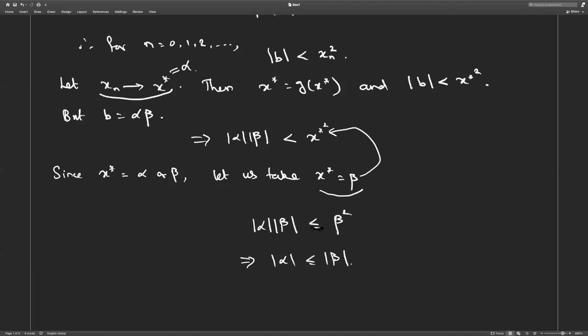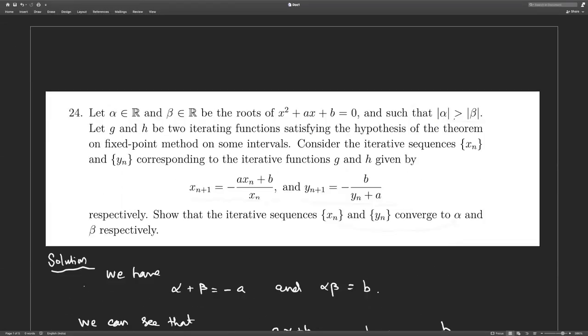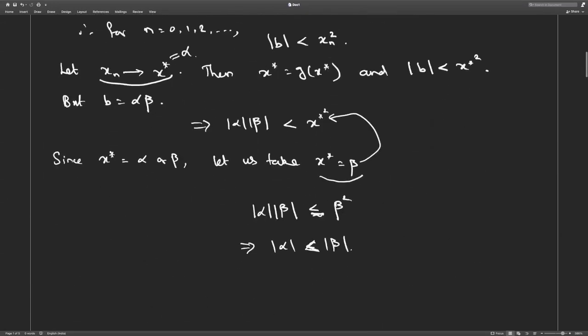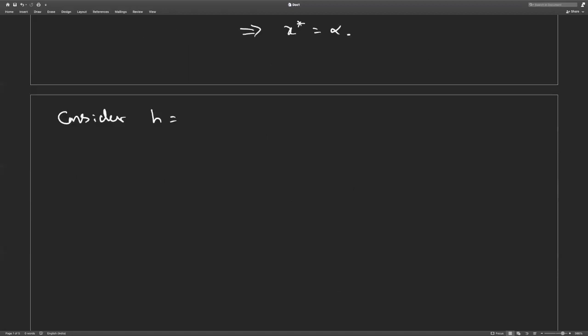But what we assumed is mod alpha is strictly greater than mod beta. We got just the opposite of what we assumed. Therefore, this cannot be the case, and that implies x star is equal to alpha. Now let us pass on to the next case, that is the sequence yn.